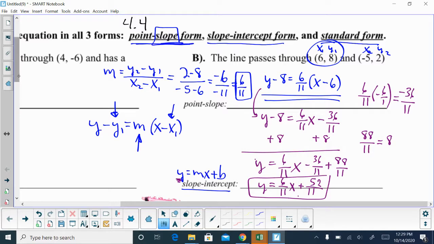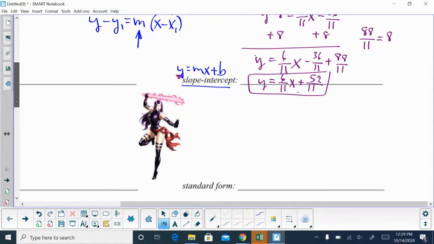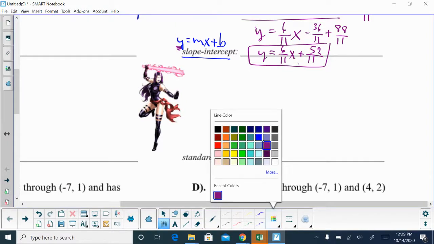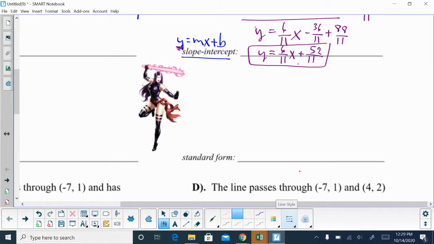One more step now for standard form. If you happen to recall, standard form says that we cannot have any fractions or decimals. So I need to do some work on this. Standard form is ax plus by is equal to c. So I've got to deal with this fraction.